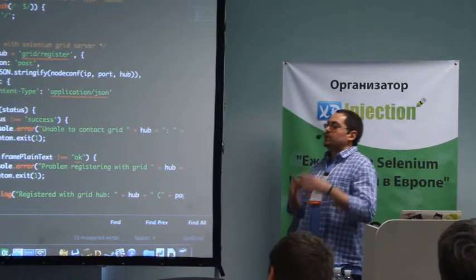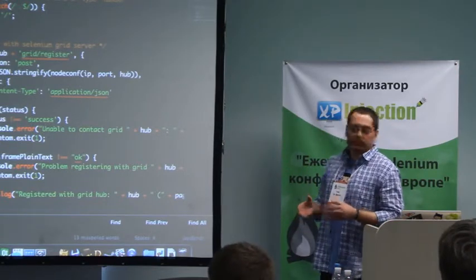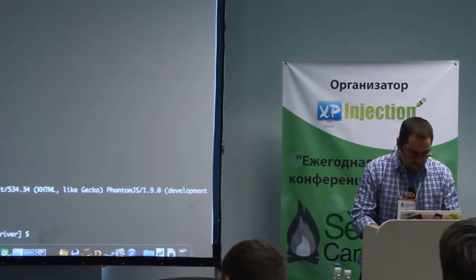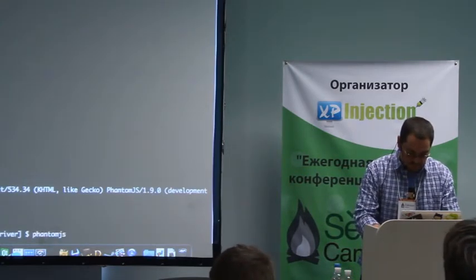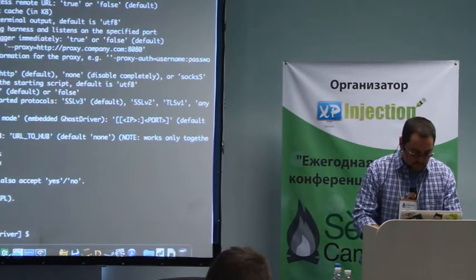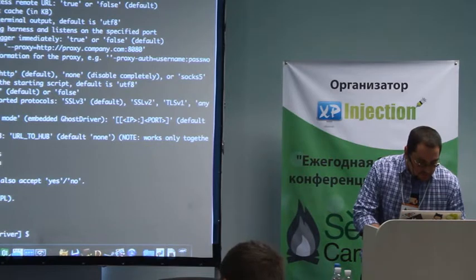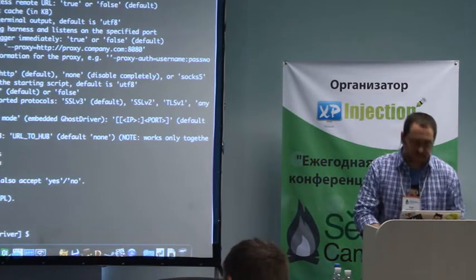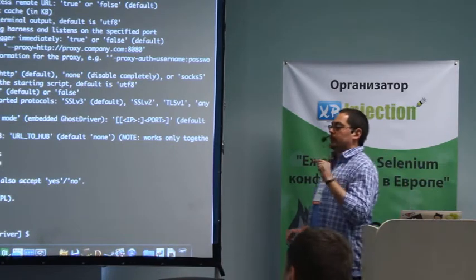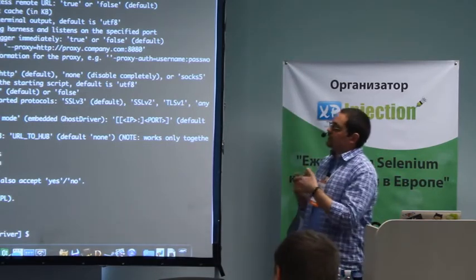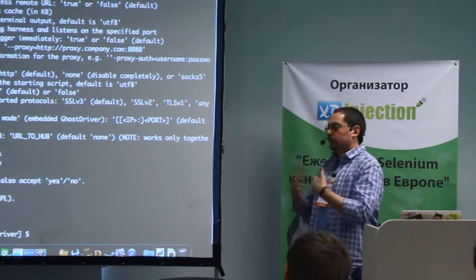It's not always easy, so I can show you a little bit of command line. I don't know if it's readable. You can set these two parameters here. With those, you can open PhantomJS, start your script, and put PhantomJS in a mode that waits for a connection from a remote debugger.